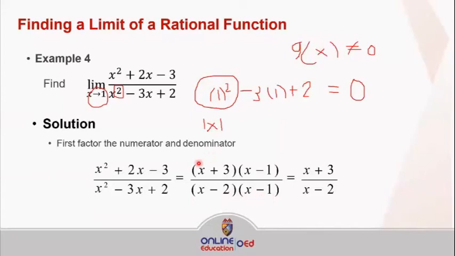Since pareho yung numerator at denominator natin na merong x minus 1, ika-cancel na natin sila. Ang matitira na lang is x plus 3 over x minus 2.